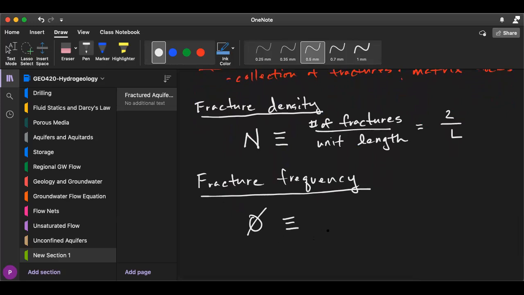It is defined as B, the fracture aperture, over S, the fracture spacing.